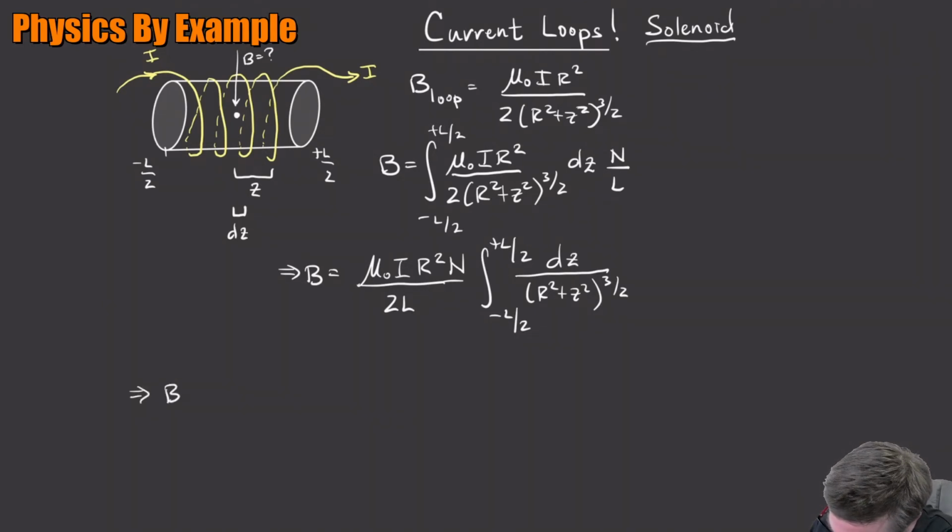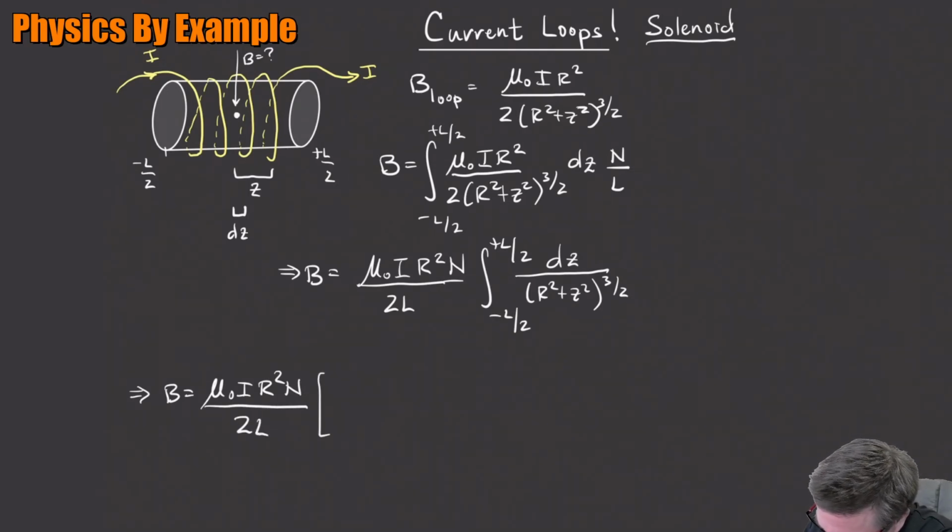So B is mu naught I r squared N over 2L. And then this integral comes out to be z over r squared times the square root of r squared plus z squared, evaluated from minus L over 2 to plus L over 2.